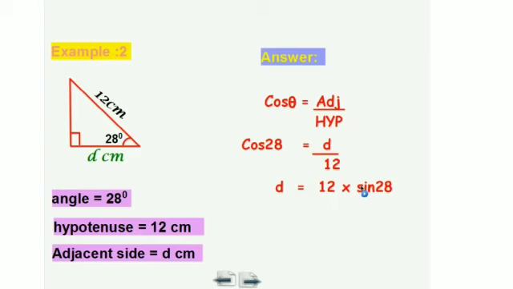You will get the value d is equal to 5.6336. Then write this answer to 3SF. So you will get the answer d is equal to 5.63 centimeter. This is our final answer. So our adjacent side is equal to 5.63 centimeter. We can check one more example related to side.